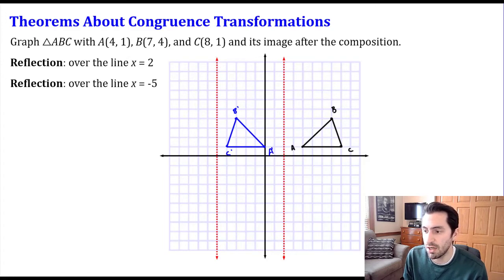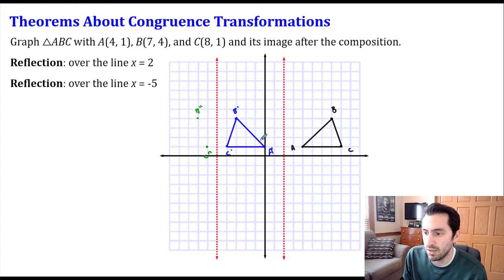Now we're going to take triangle A prime, B prime, C prime, and we're going to reflect this one over the line x equals -5. And we can do the same exact thing. So C prime is 1 unit away. So if I go 1 unit on the other side, that's going to be C double prime. B prime is 2 units, so 2 on the other side gives me B double prime.